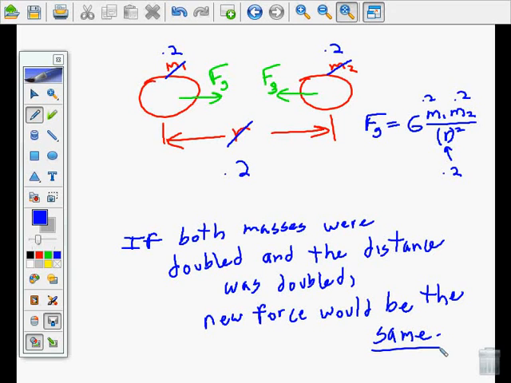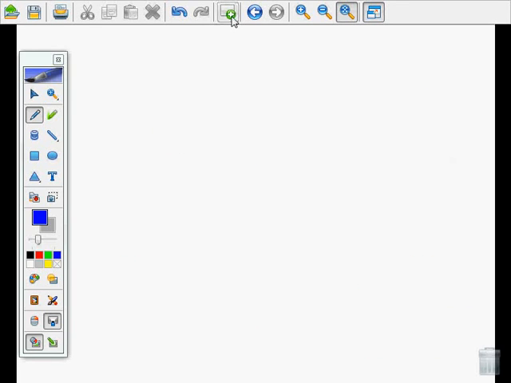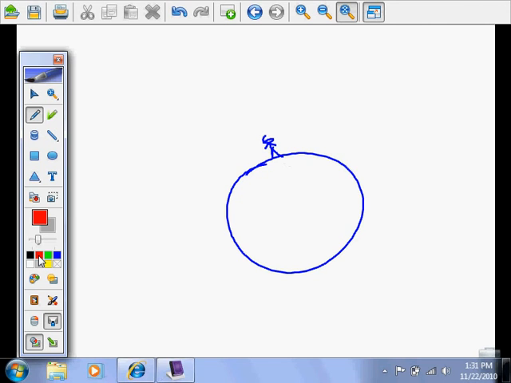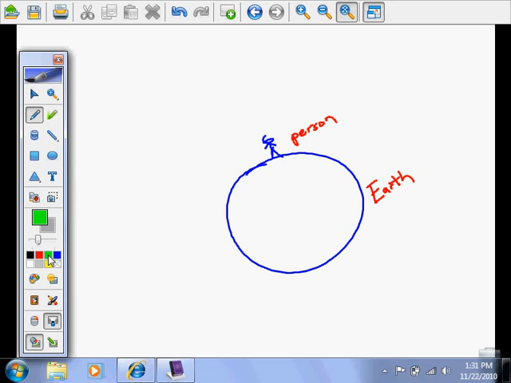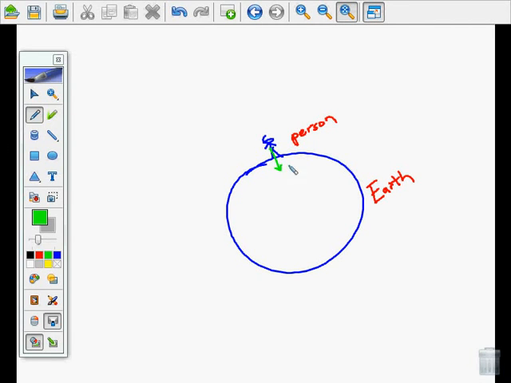Now, a lot of the times, one of the masses is the Earth, and the other mass is like a person. Obviously not drawn to scale here. Earth, person. The whole Earth pulls the person towards the Earth, force due to gravity.